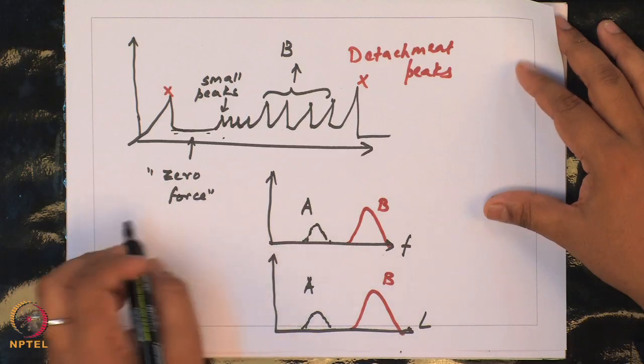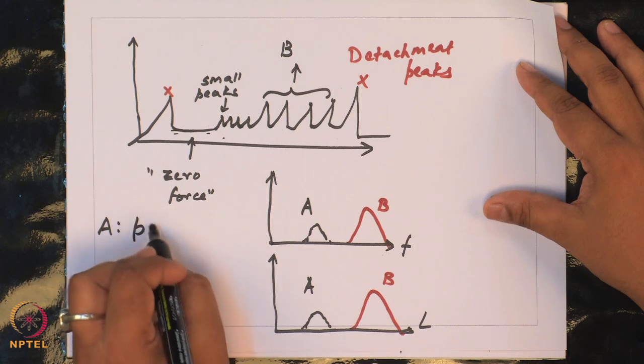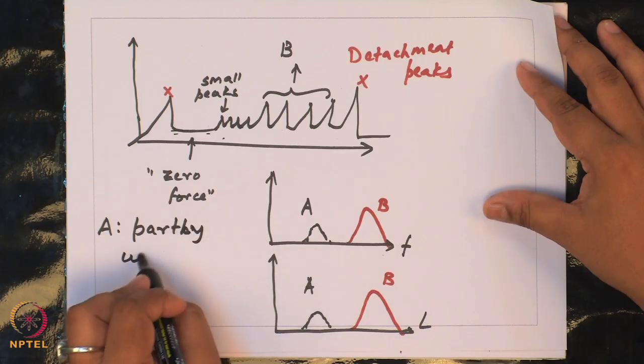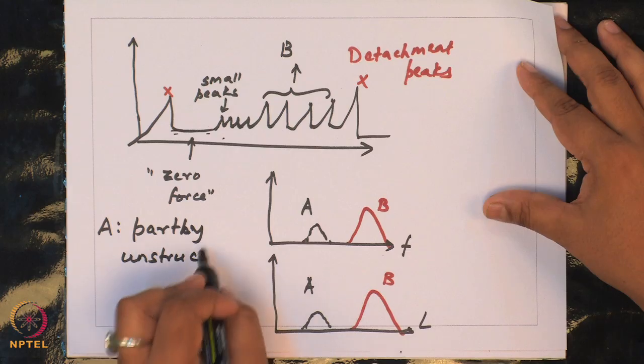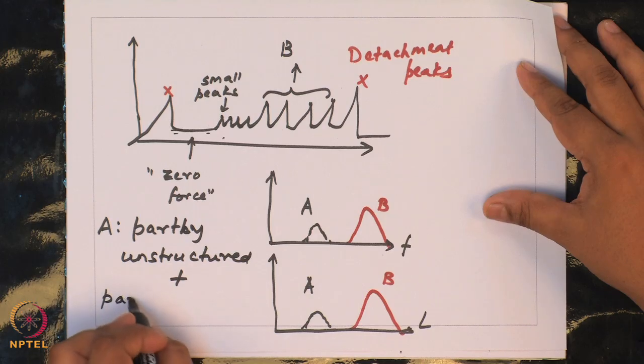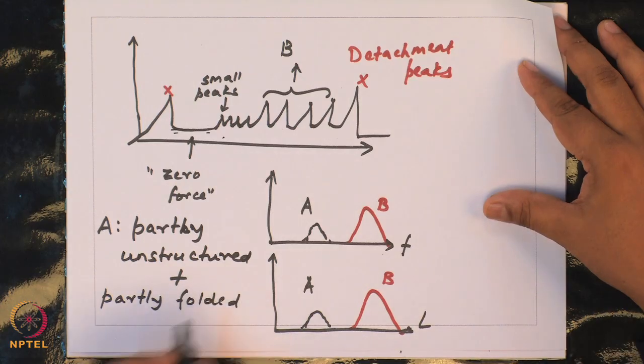So, what this suggests is this particular A is partly unstructured plus partly folded. Okay.